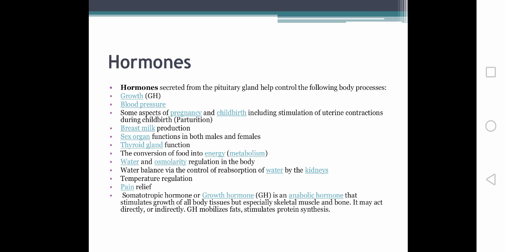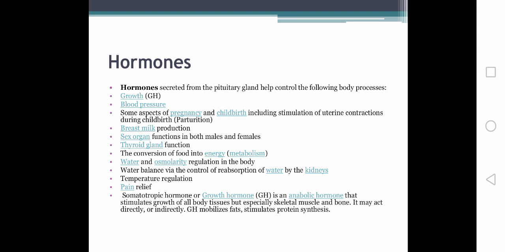Hormones secreted from the pituitary gland help control the following body processes: growth, and growth hormone regulates the function of bone and muscles.